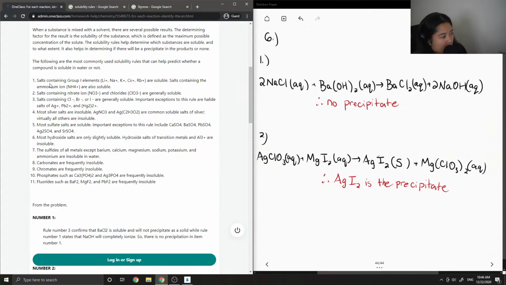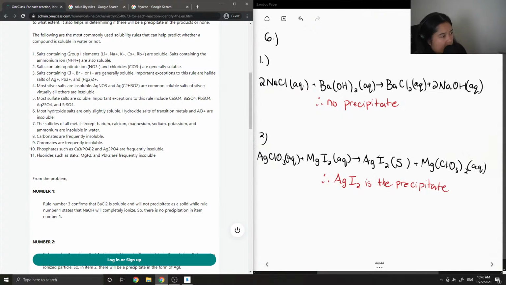Okay, so they just summed up all the rules. Salts containing group 1 elements like lithium, sodium, potassium, cesium, rubidium are all soluble, and so are salts containing the ammonium ion. With the nitrate ion and chlorides, okay, so they just said they are generally soluble. No exceptions.